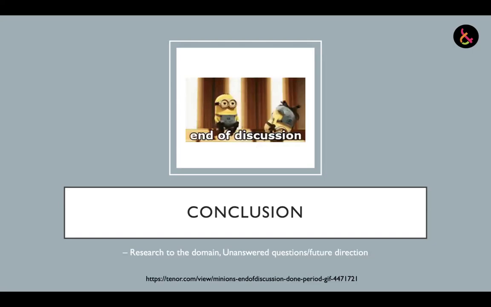And then you come up with the conclusion. Okay, so even though in the slides it's written that unanswered questions or future direction you have to highlight, what I do depends actually. Different people are using different tactics.